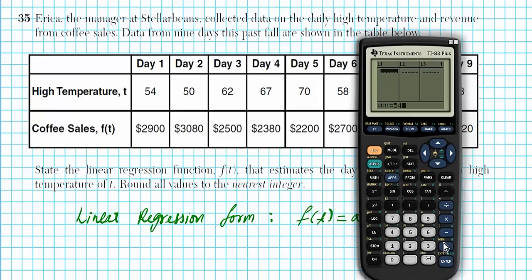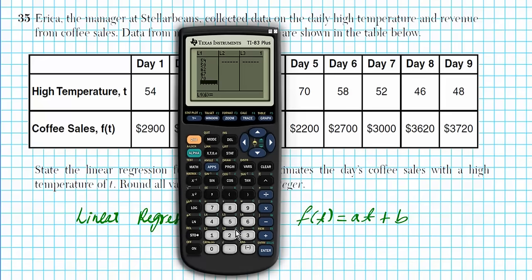So we have 54, 50, 62, 67, 70, 58, 52, 46, and 48.